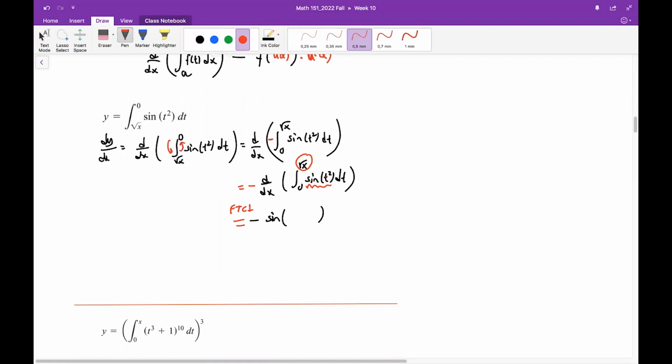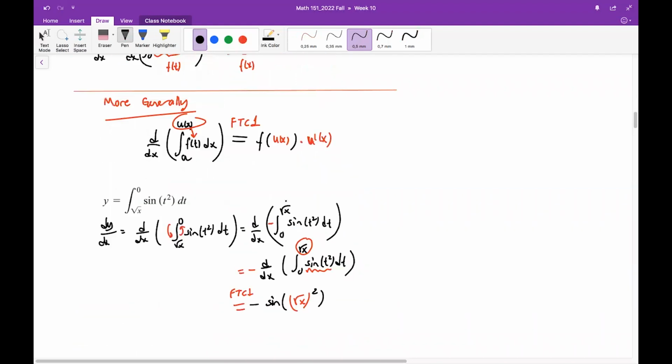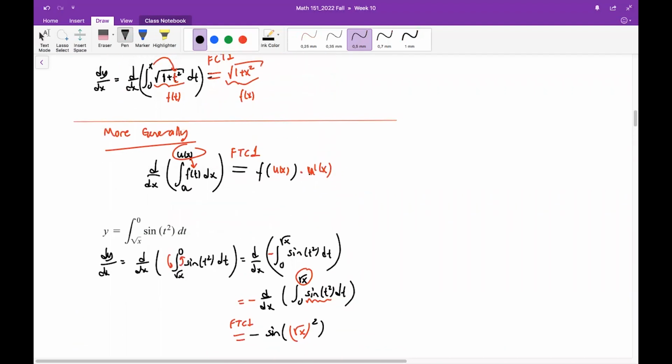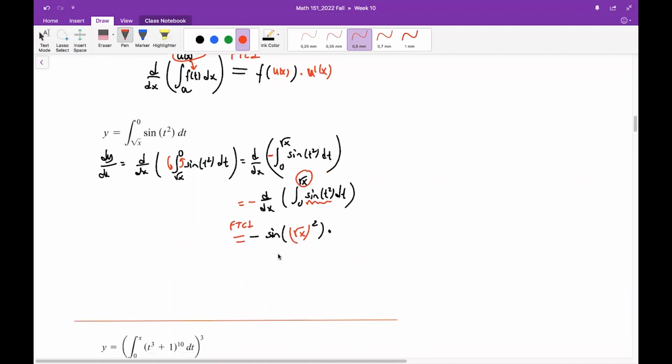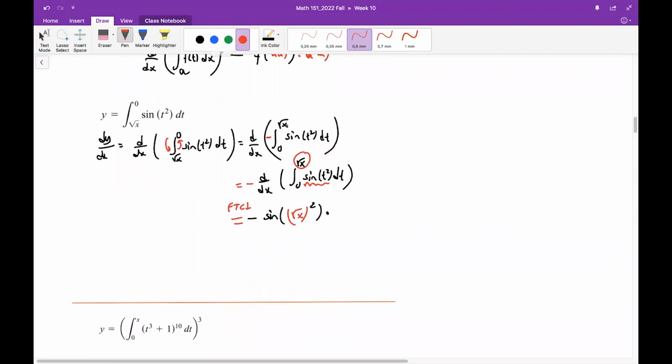But instead of this t variable, I will write whatever I see here. Square of this. So instead of t, I will write square root of x, what is explained here. And then I need to multiply with the derivative of the u of x function. So this is our u of x function. So derivative of it is 1 over 2 square root of x, okay? So this is the generalized applied version of it, okay?